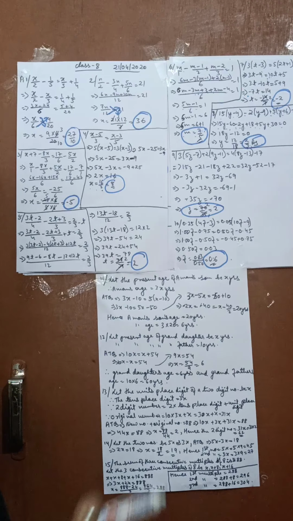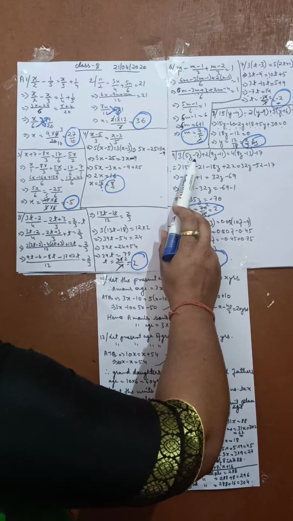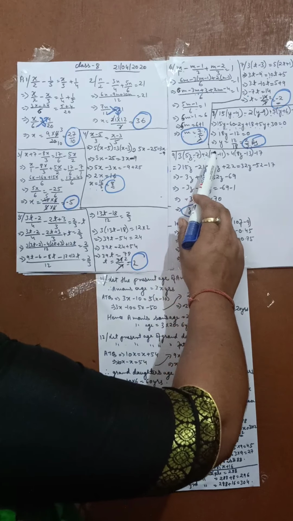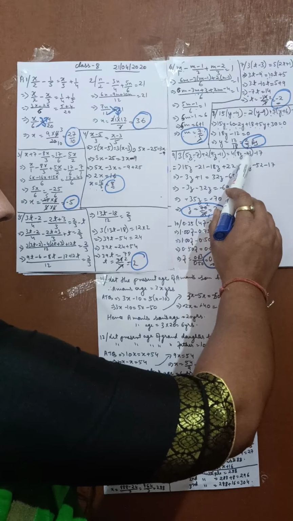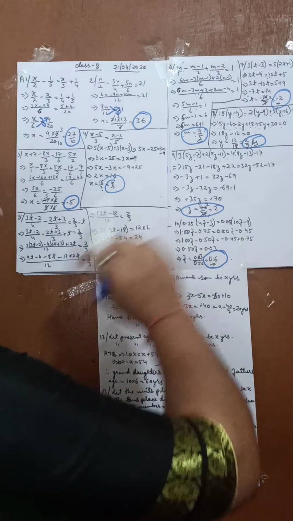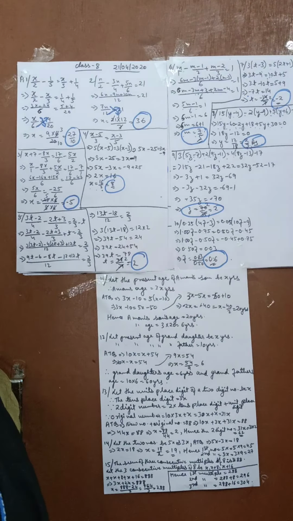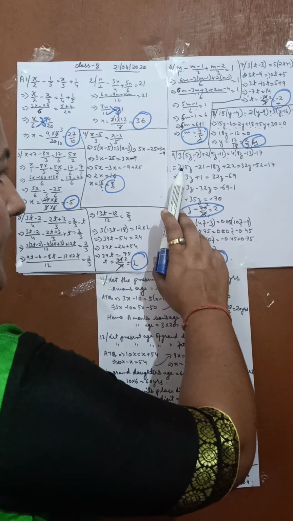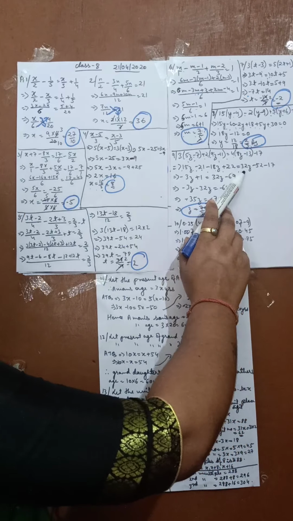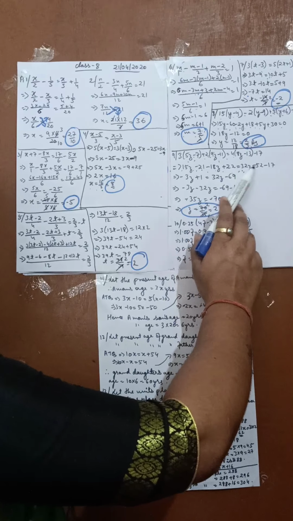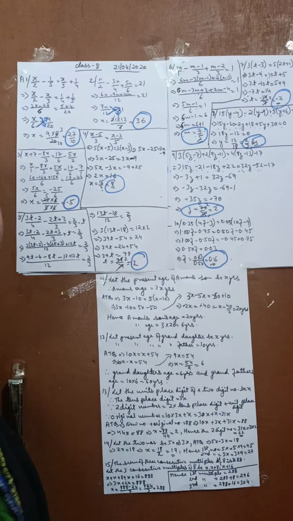Question number 9 is 3 into 5z minus 7 plus 2 into 9z minus 11 is equal to 4 into 8z minus 13 minus 17. So here also we will open the bracket by multiplying the numbers. So it becomes 15z minus 21 minus 18z plus 22 is equal to 32z minus 52 minus 17.